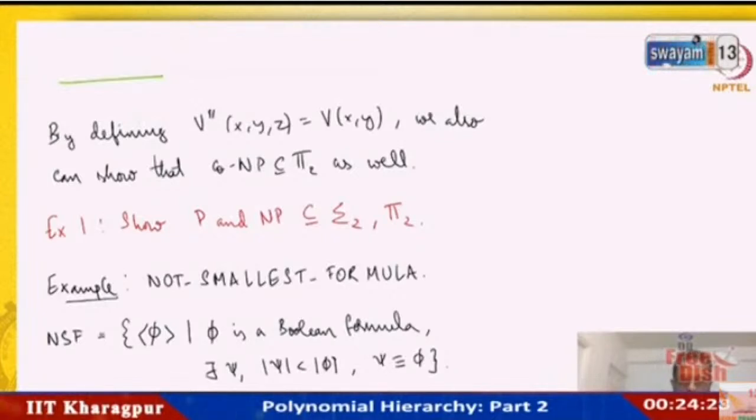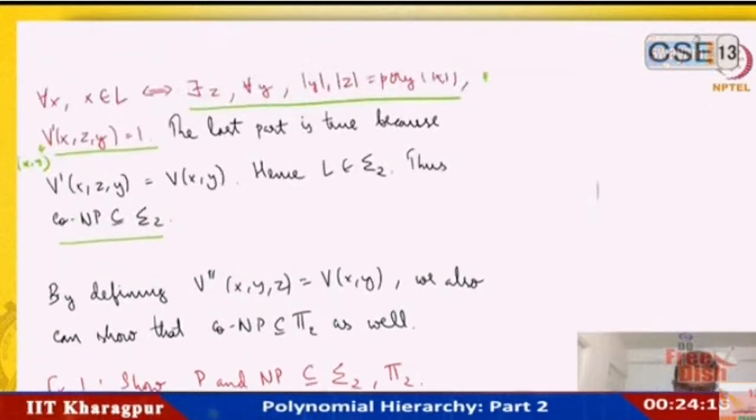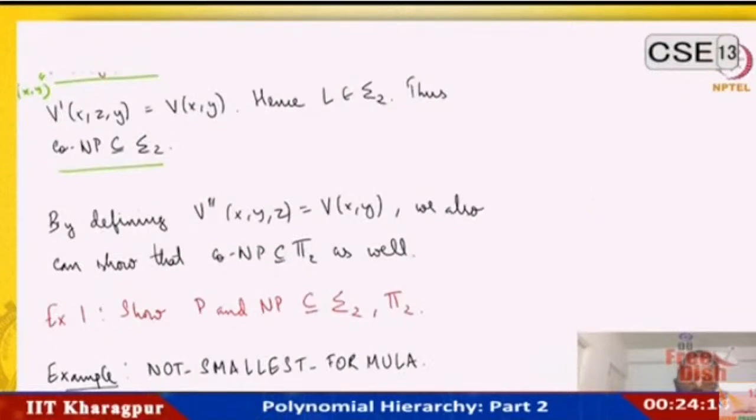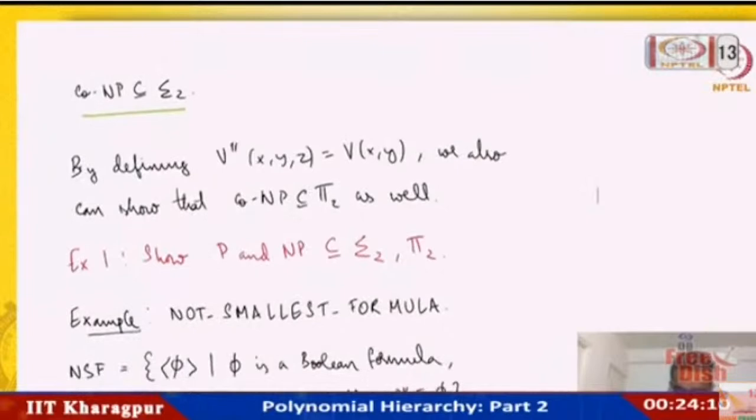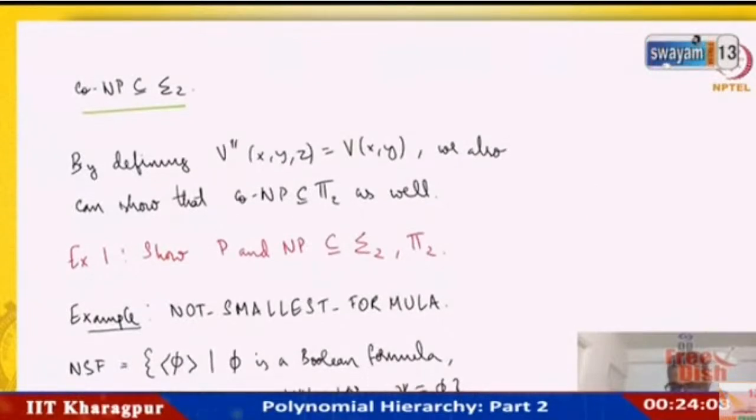NP is very similar; we'll just need to add the dummy variable for all, and for P we will need to add two dummy variables. But we don't need to get into that. We don't need to do the proof again from scratch. We could just use the result that coNP is in sigma 2 to infer that P and NP are in sigma 2 and pi 2.